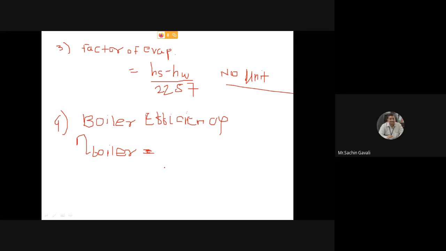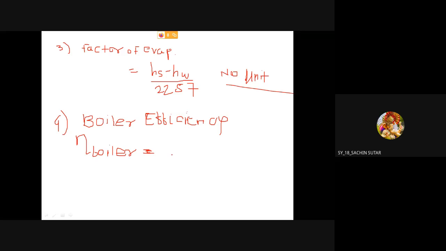Sadashiv Bandgar, are you in class? Sachin Sutar? Yes, sir. Can you define boiler efficiency?